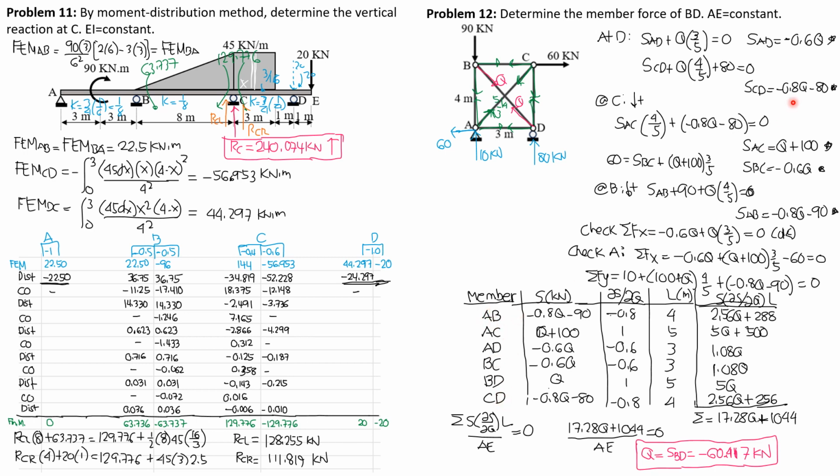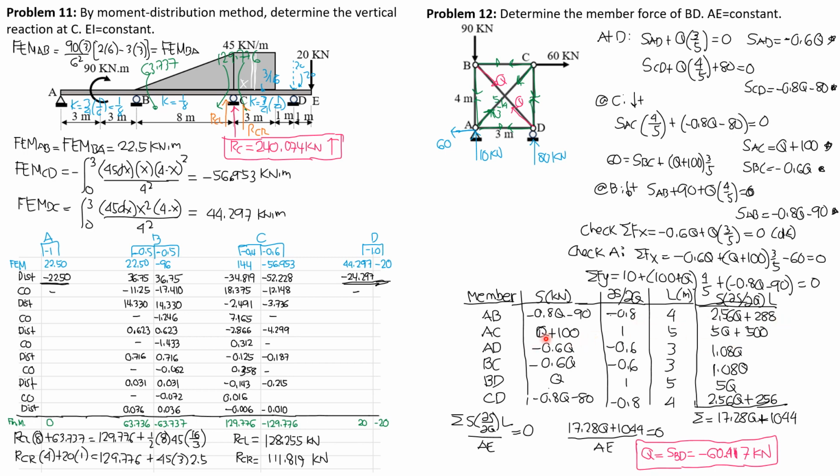So AB, S_AB is negative 0.8 Q minus 90. So the partial derivative of S with respect to Q is negative 0.8. The length of AB is 4 meters, so 4. Then obtain the product: negative 0.8 times negative 0.8 times 4 is 2.56 Q. Then negative 90 times negative 0.8 times 4 is 288.